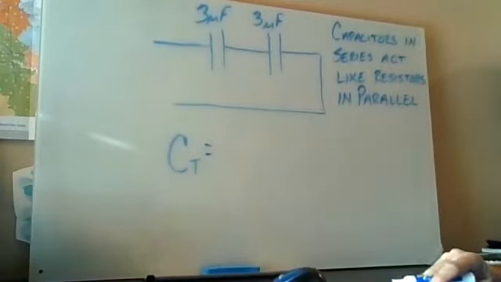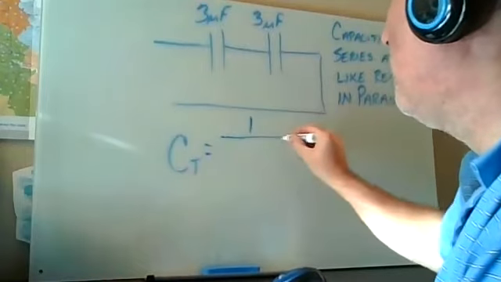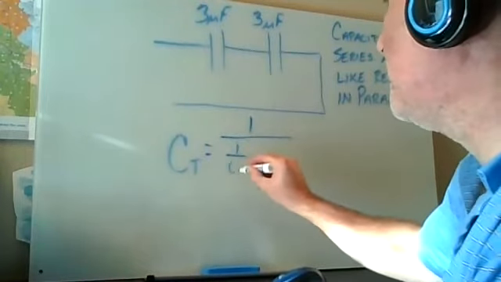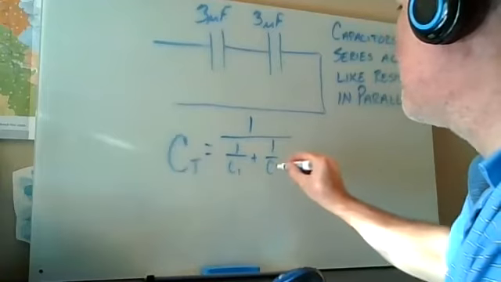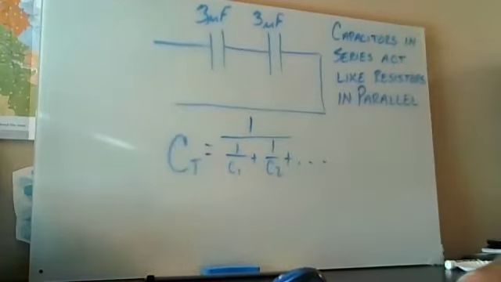So if they act like resistors in parallel, how would I find the total capacitance here? Open parentheses, 1 over C1 plus 1 over C2 plus however many I have.